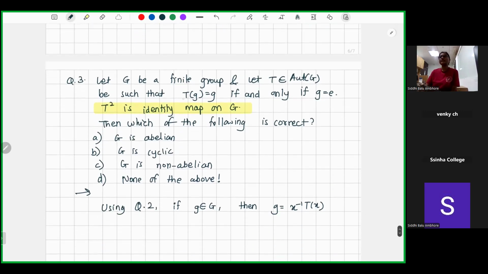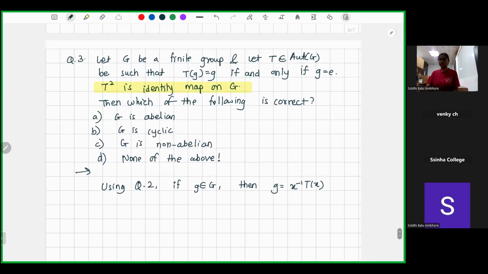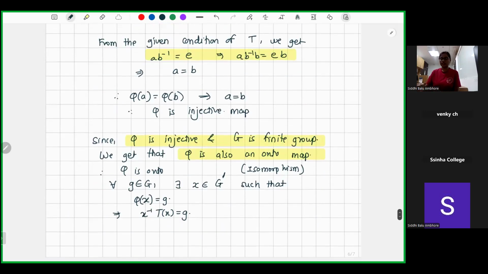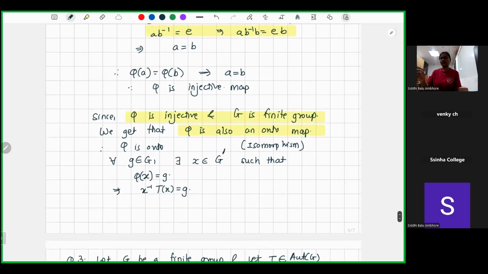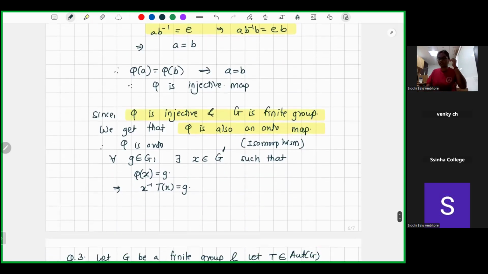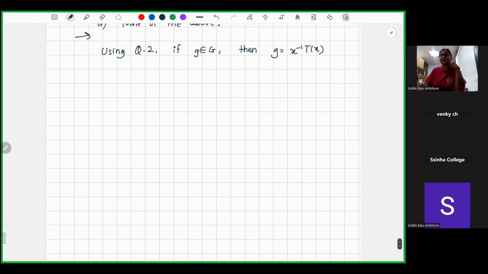It requires only this property that G is finite and Tg is g if and only if g is e. And it satisfies the hypothesis of problem second. So we get that every element g in my group G can be expressed as x inverse Tx for some x in G.